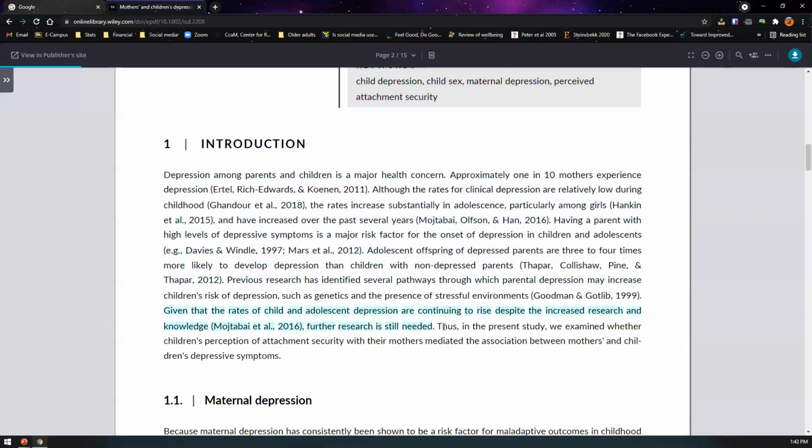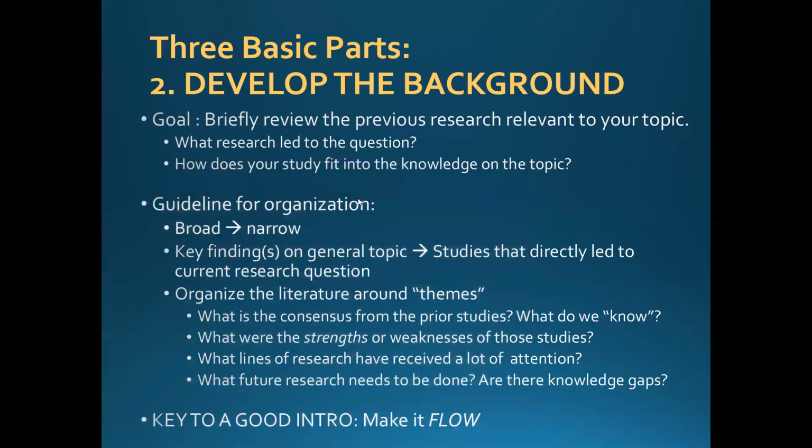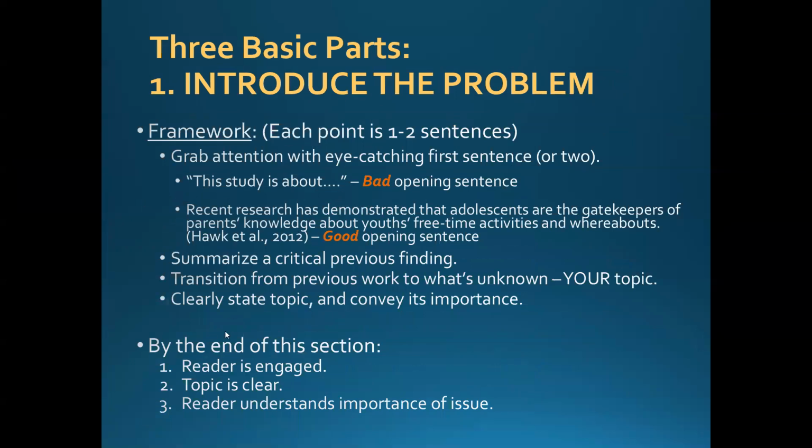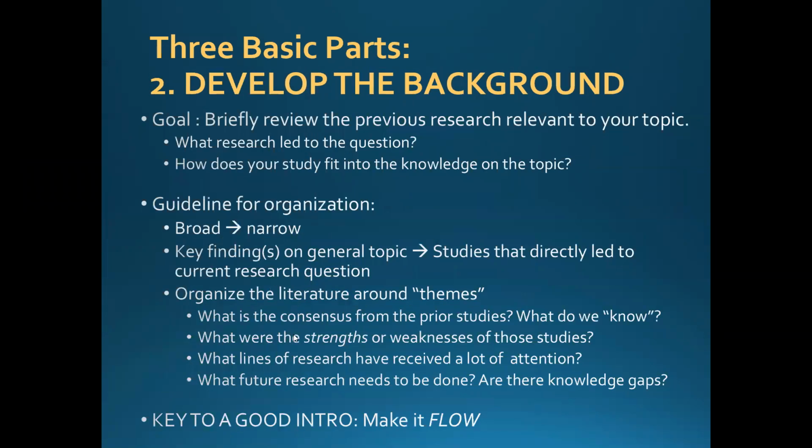And then I talk about my study in the last sentence. So hopefully this puts into perspective what I was talking about with these bullet points. Once again, the outline homework assignment has this laid out even better, and it tells you we need one sentence about this, one sentence about this, and so on.